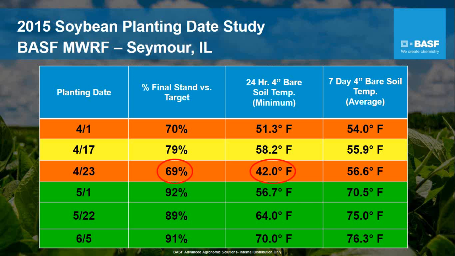That's one thing to keep in mind if you're planting into more difficult conditions. It may be worth looking at a cold germination test, saturated cold germ on your seed, to determine what seed may handle those cooler conditions even better.